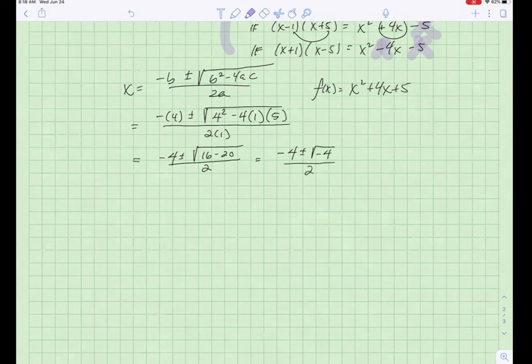And it used to be at this point, we would throw our hands up in the air and say, oh, there's no real zeros. And you're right, there are no real zeros.